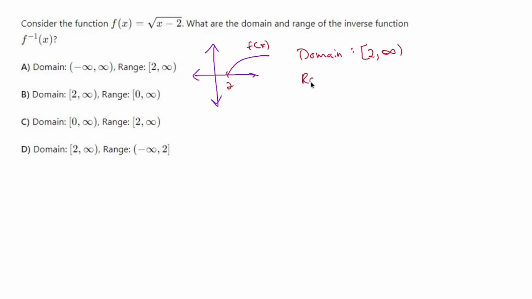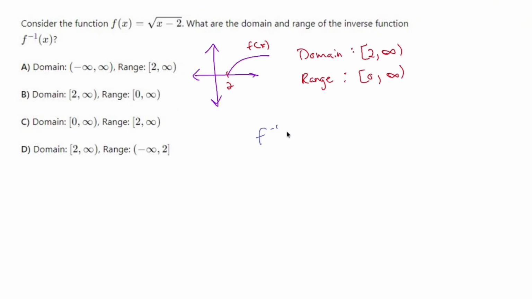So the domain of f of x is going to be from 2 all the way on forever. So we'll say the domain is including 2 all the way to infinity. The range is going to be starting at the x-axis, because you're allowed to get 0 for an answer, so 0, and all the way up to positive infinity. Now that's f of x. To find the domain of the inverse and the range of the inverse is very simple. Just flip-flop everything.